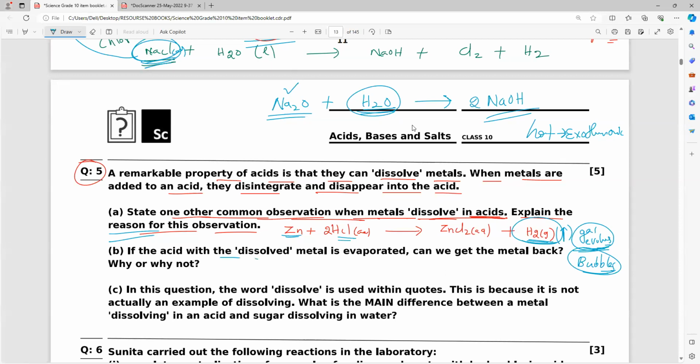If the acid with the dissolved metal is evaporated, can we get the metal back? Why or why not? They are asking.